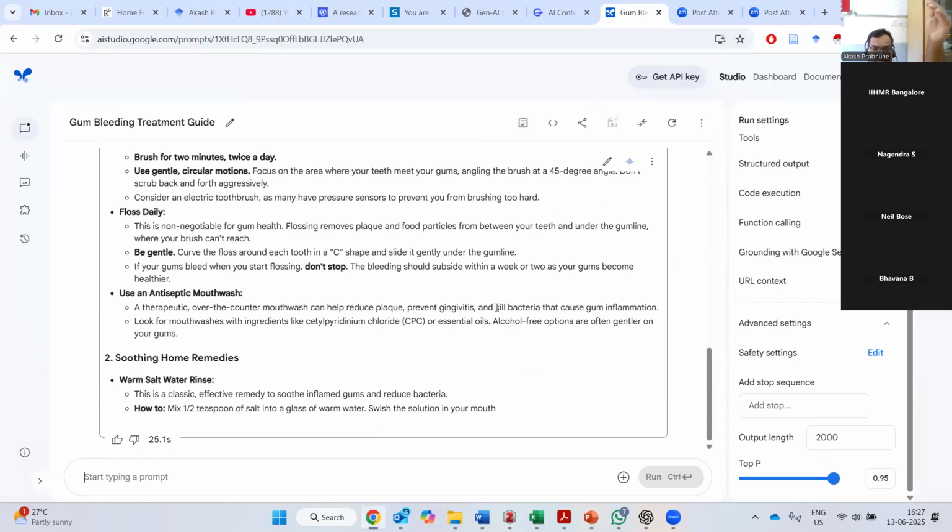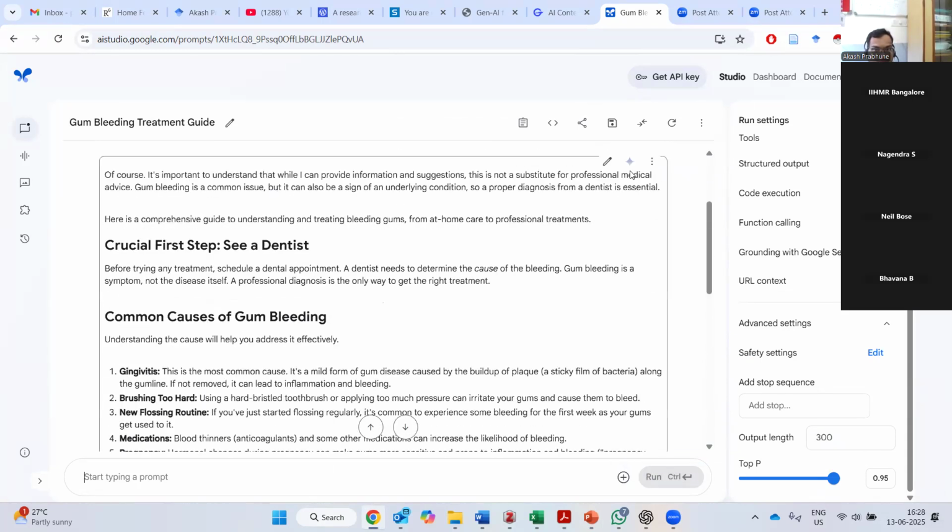Are you getting this brief or large output, even after restricting to some words? I think I should have made it less. Let me put it at 500. Even 500 is one page. 300 is better, I guess. Let me try running this one again.